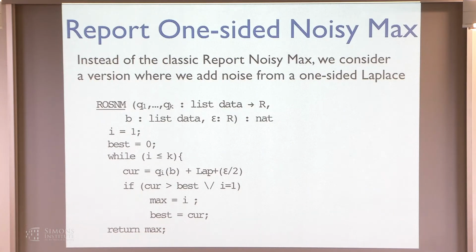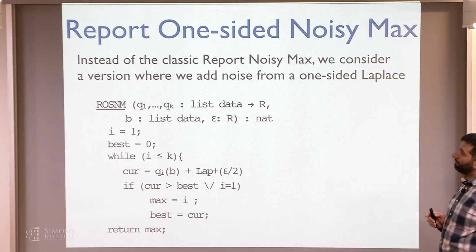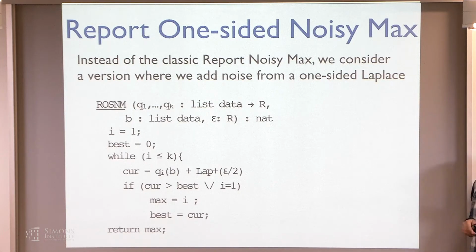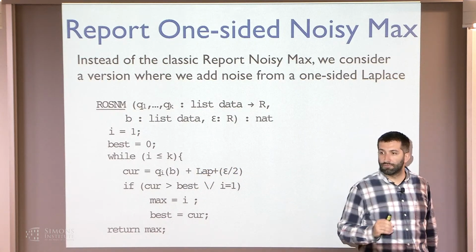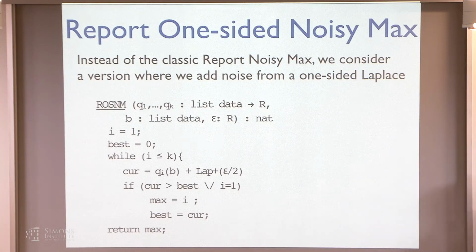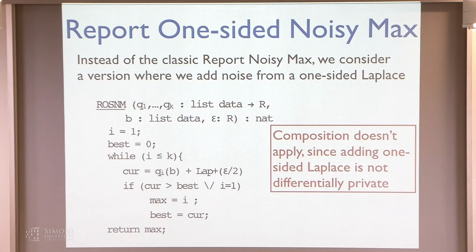Now, I will not prove exactly report noisy max, but what is called report one-sided noisy max. This is slightly different. The main difference is that instead of using Laplace, here we use the positive Laplace, so a one-sided Laplace, or an exponential distribution. Now, why do we do this?